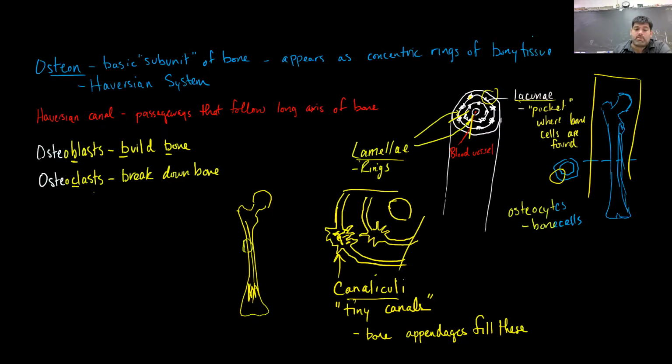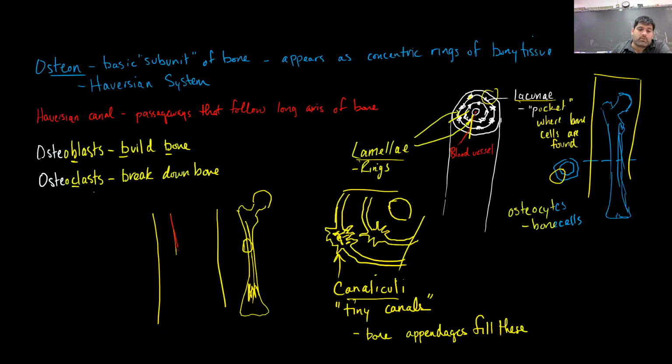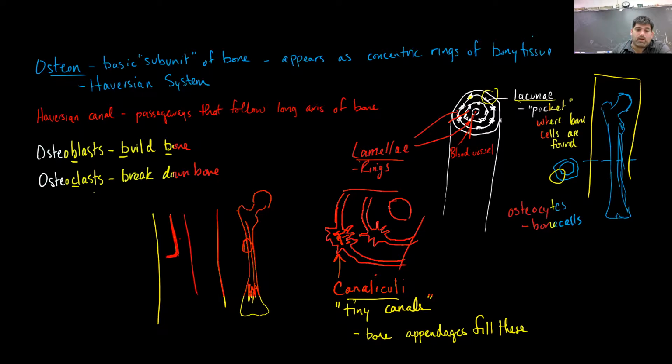If I zoomed in on the compact bone, I would see those vertical haversian canals, and I'll use red for the blood vessel, running in the long axis of the bone. But then I would see some branching canals that went across the bone. I'm so thankful that this thing is changing all the colors for me. It's really helpful. And these are going to allow blood vessels to enter into the inside of the bone, into that medullary cavity.